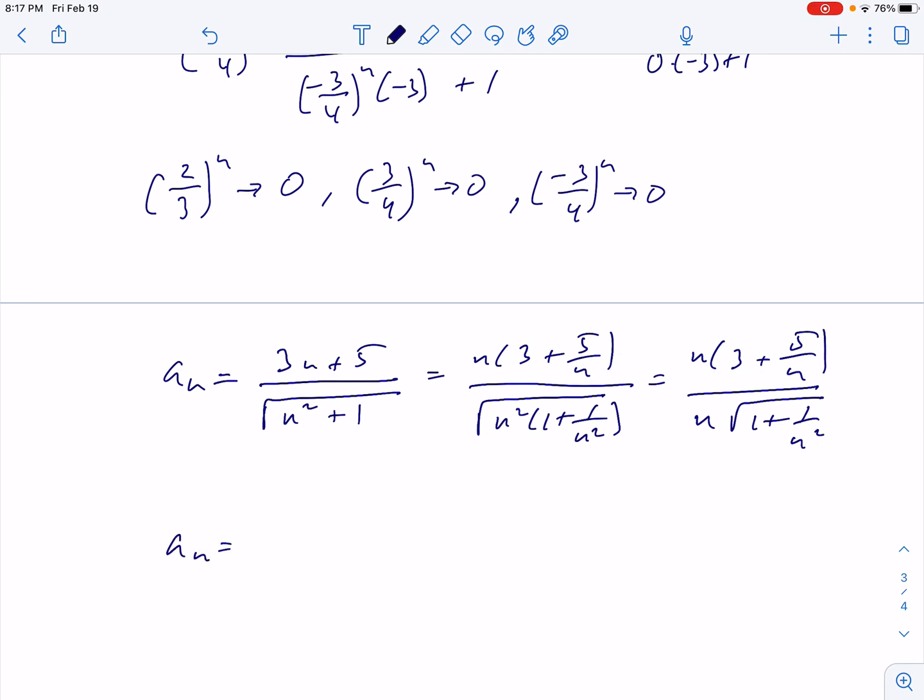A sub n becomes this: 3 plus 5 over n, and we are left here with the square root of 1 plus 1 over n squared. Here all the participating terms have limits which we can compute. 5 over n approaches 0, 1 over n squared approaches 0, so the limit here will be 3 plus 0 over the square root of 1 plus 0, so this is practically 3 over 1, which is 3.